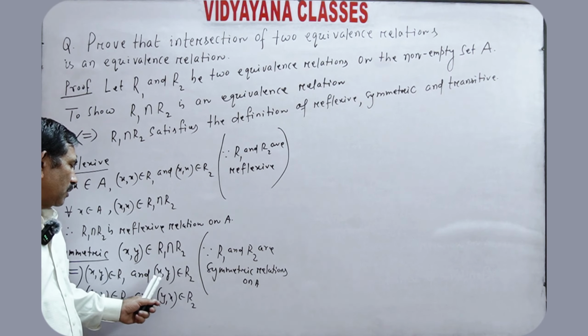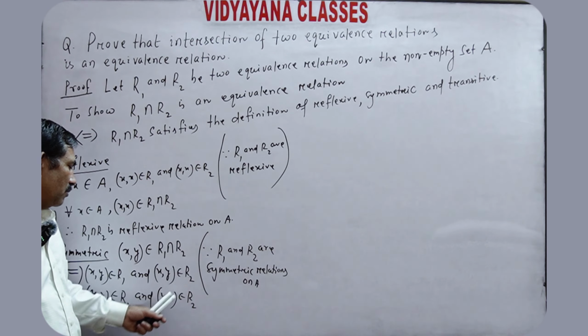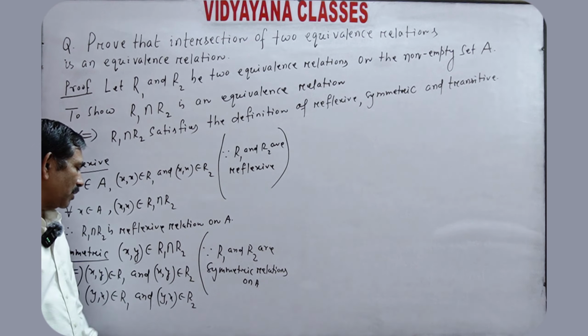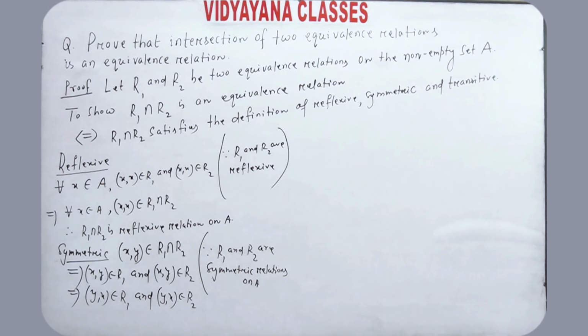R2 is symmetric, that means (x,y) belongs to R2 implies (y,x) belongs to R2. Clear?